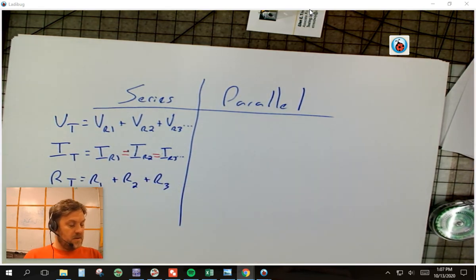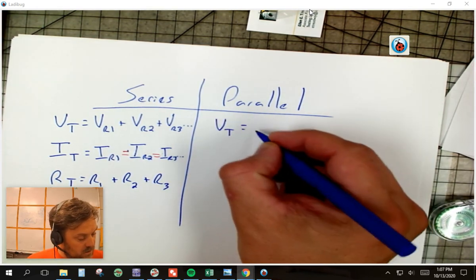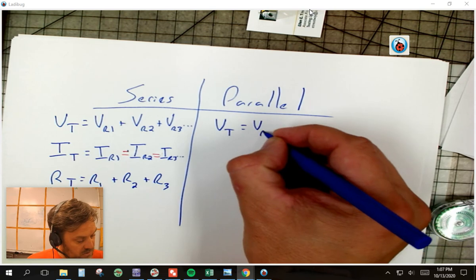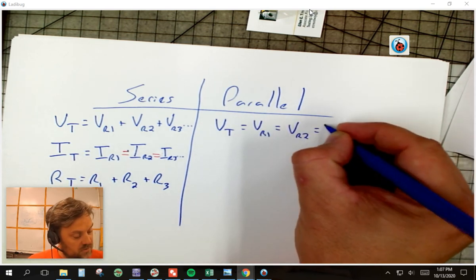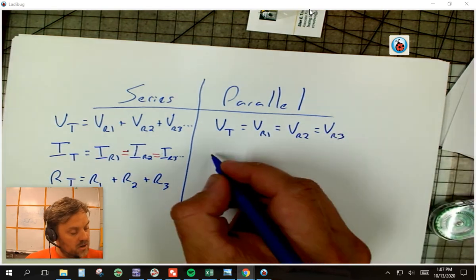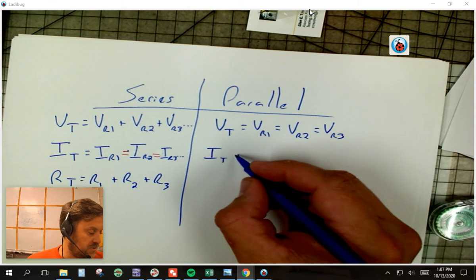Okay. So then on the other side, in parallel, our voltage total: all of these are the same. So our voltage at resistor 1 is equal to our voltage at resistor 2, which is equal to our voltage at resistor 3. Our current is additive here. The different branches, remember, add up.